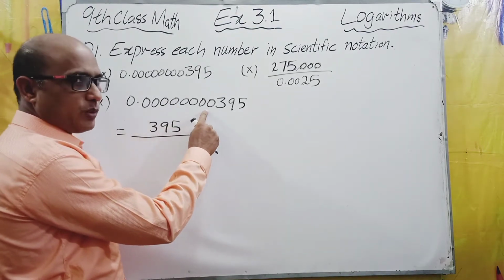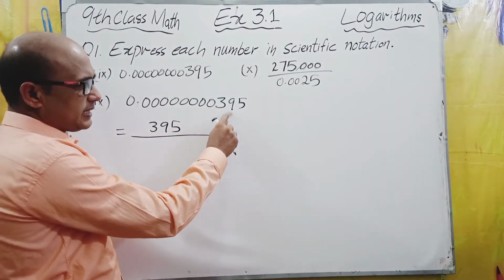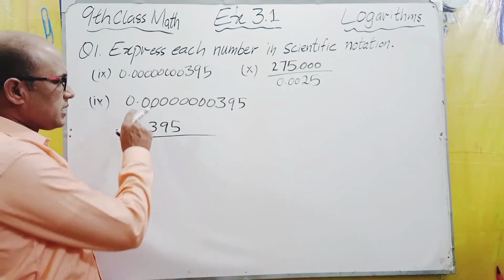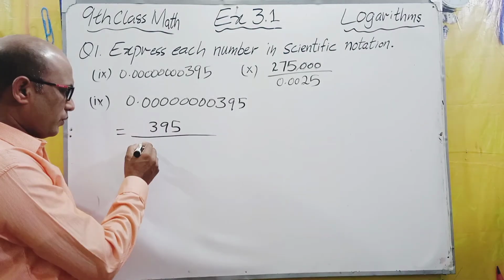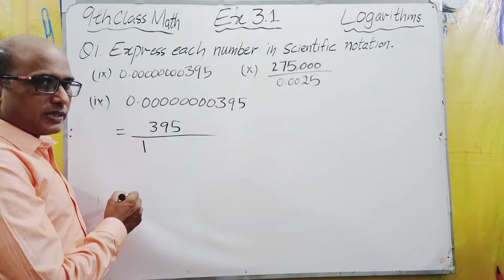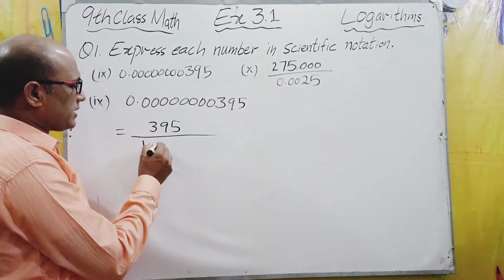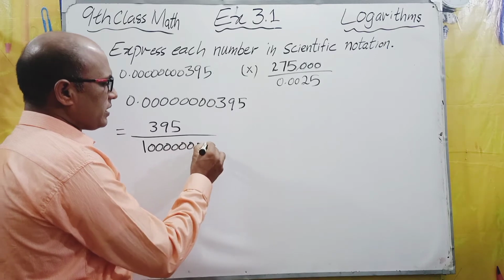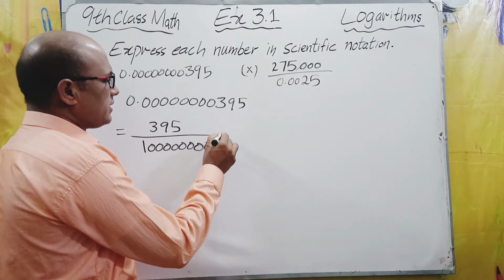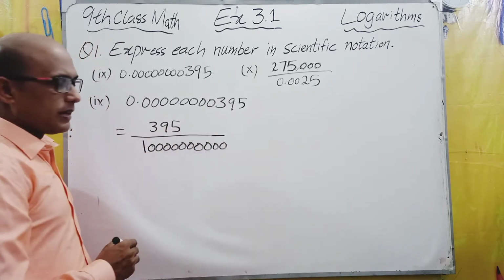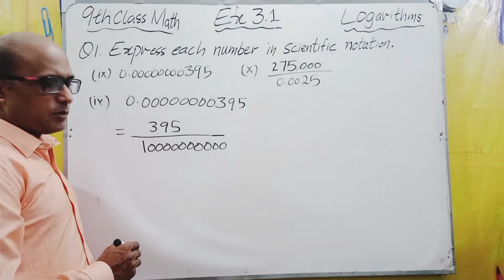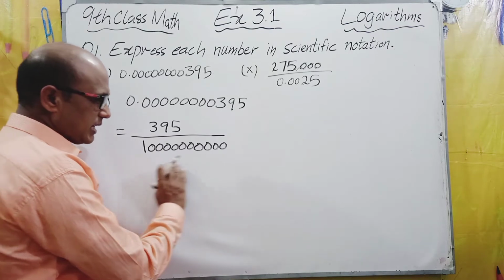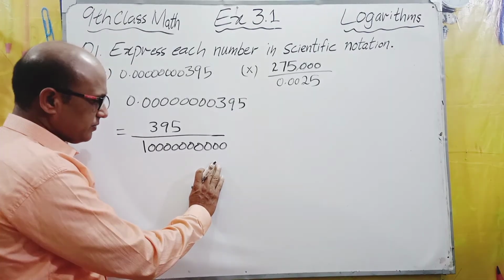So zeros were 8, 9, 10, 11. There are 11 digits after the decimal. So we'll write 1 and 11 zeros in the denominator.